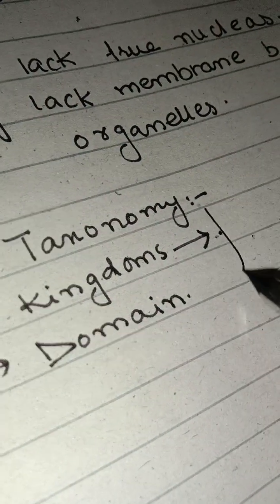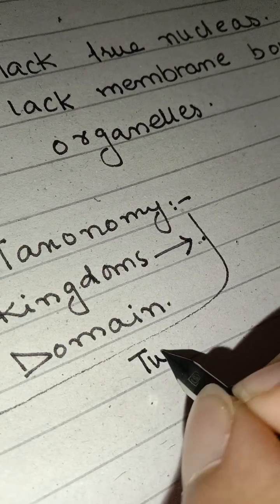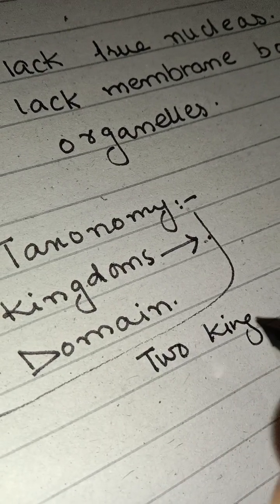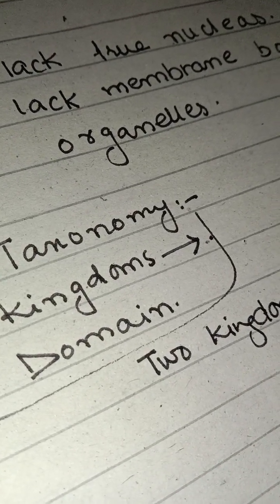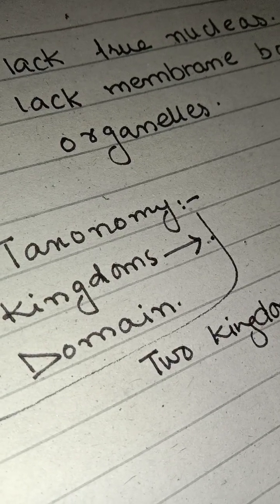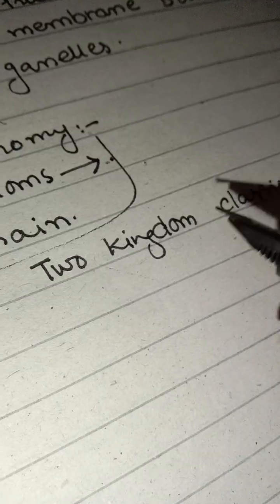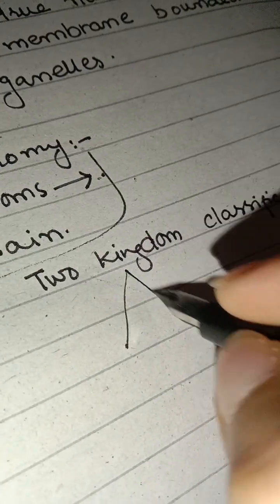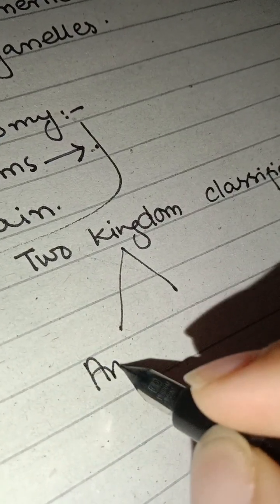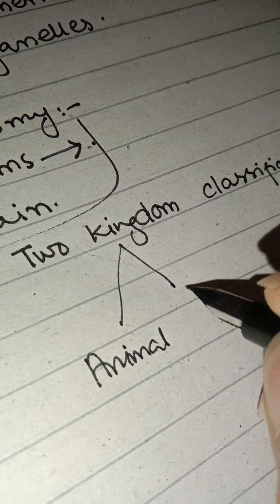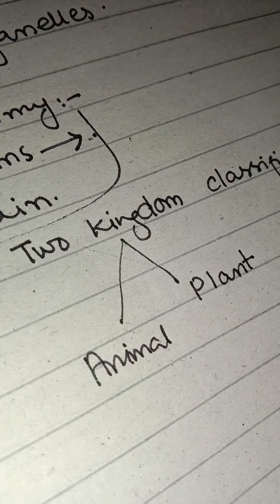So first let's discuss the two kingdom classification. At the very beginning there were two kingdoms, animal kingdom and kingdom Plantae.